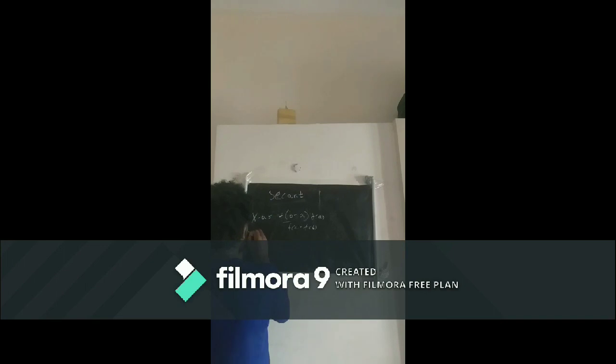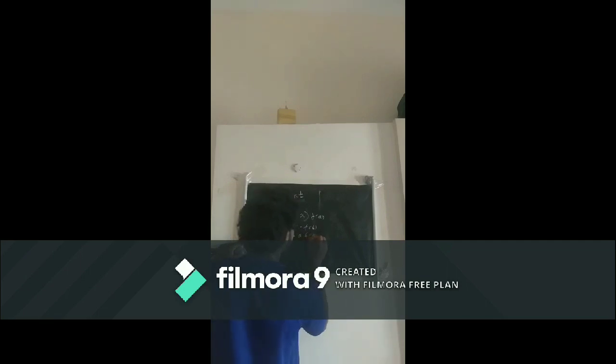Before that, we have to do this: x minus a is equal to b into f of a minus a into f of a over f of a minus f of b.